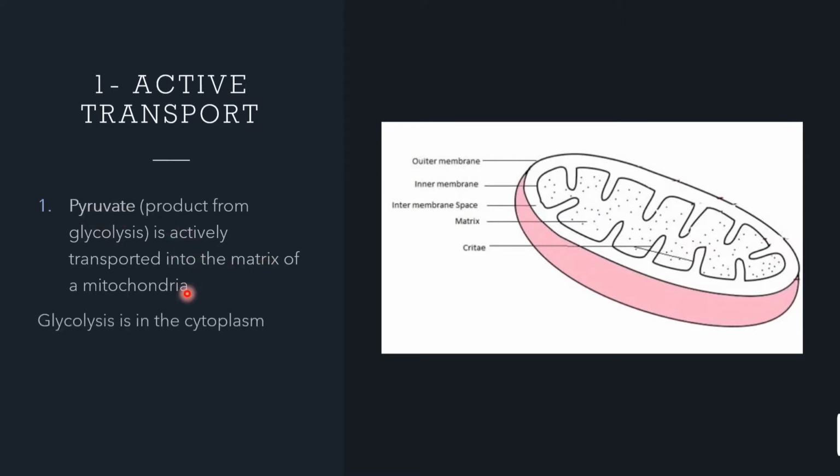Glycolysis takes place in the cytoplasm, so in the cytoplasm we now have pyruvate as our product, and this pyruvate needs to be actively transported through the outer membrane, the intermembrane space, and the inner membrane into the matrix of the mitochondria. The matrix is the solution filling the mitochondria with all the enzymes, ribosomes, and proteins required for all of the processes the mitochondria needs to carry out. So we want to get our pyruvate into here actively.